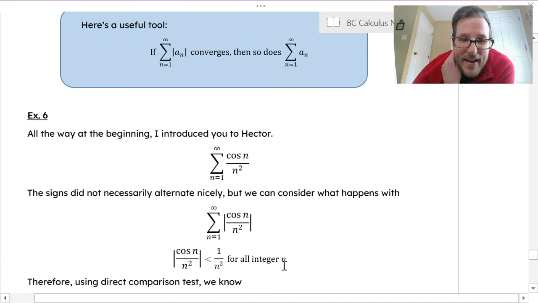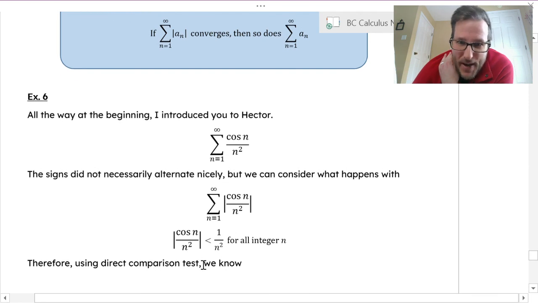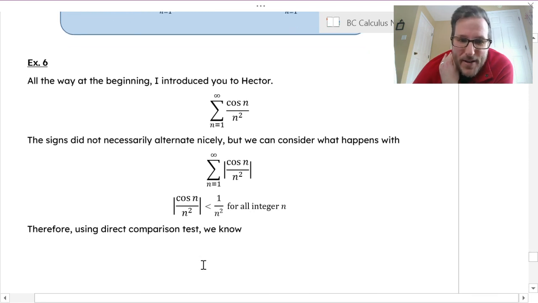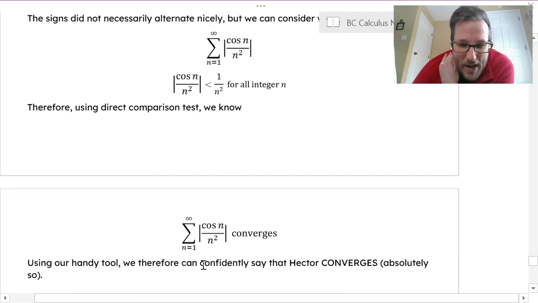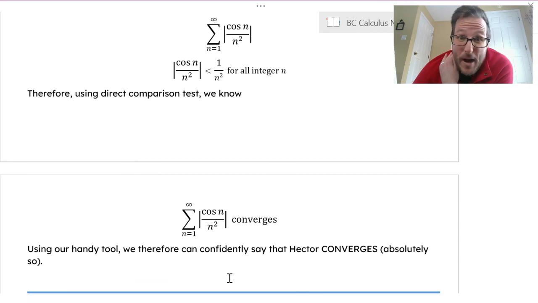That says that since 1 over n squared converges, because it's a p-series, this smaller series also converges by direct comparison. That means the all positive series of Hector converges. So we know that Hector also converges. It didn't alternate, but we still figured it out. That's a nice little tool to have in the old series toolbox.